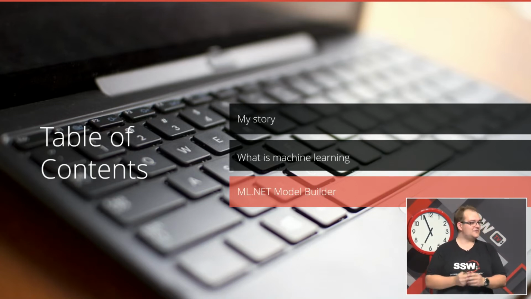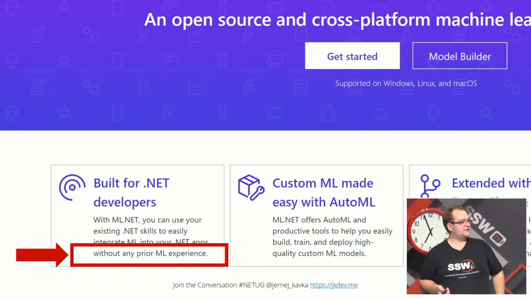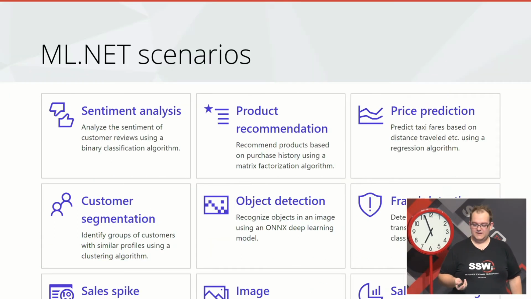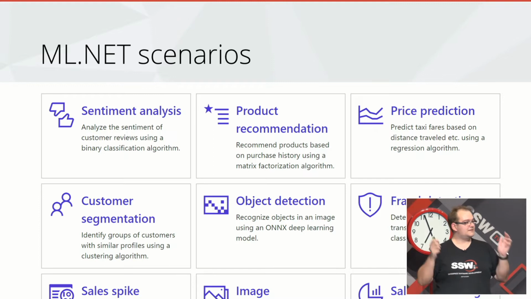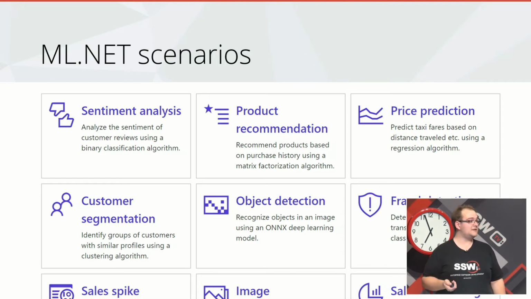Okay, so now let's go to ML.NET, now that we have a little bit of a basis on machine learning. You remember how ML.NET claimed that you don't have to have much machine learning experience? So let's put that to the test. When you go to the web page and try to get started, the thing you're greeted with is scenarios.